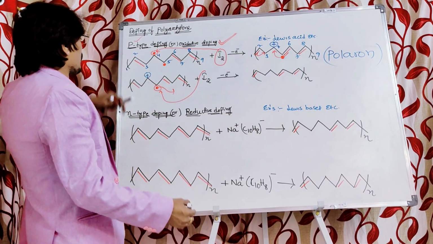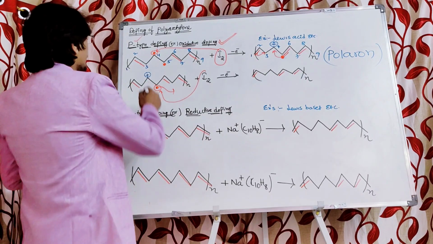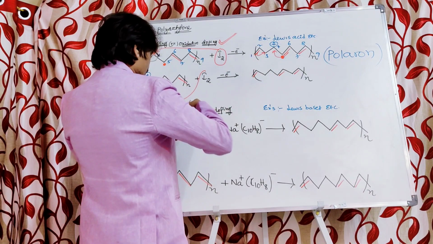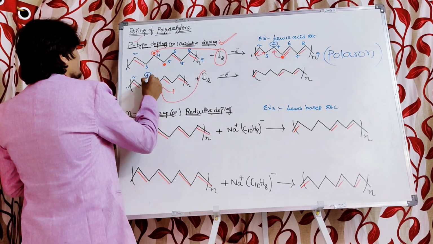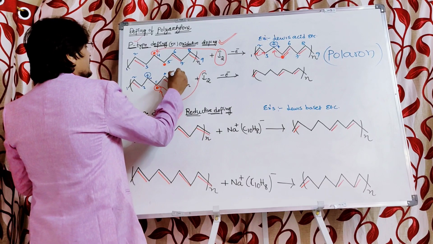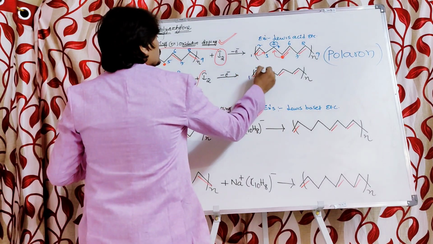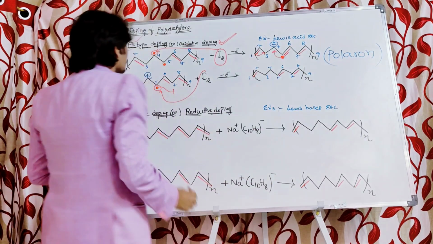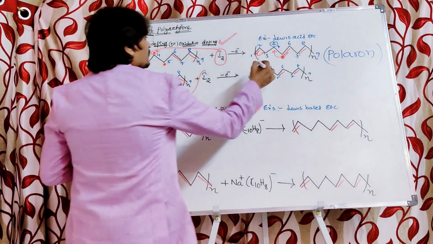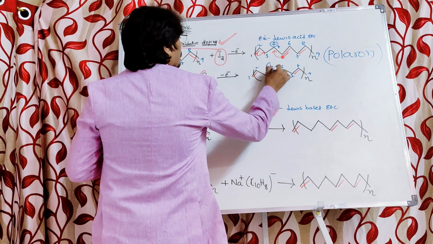Now, already a positive charge is there at the 4th carbon, right? So once again I will label it: 1, 2, 3, 4, 5, 6, 7, 8, 9. So the 4th carbon has the positive charge.